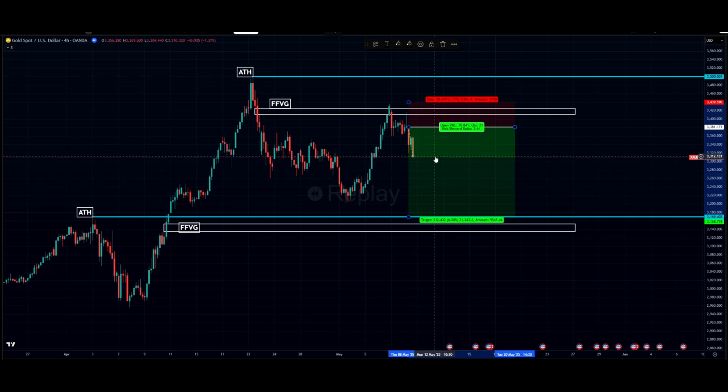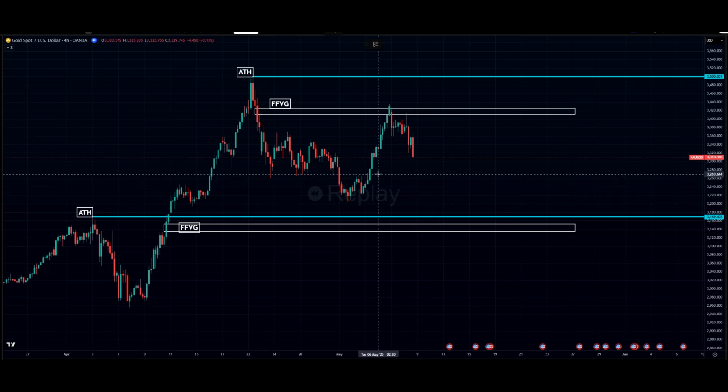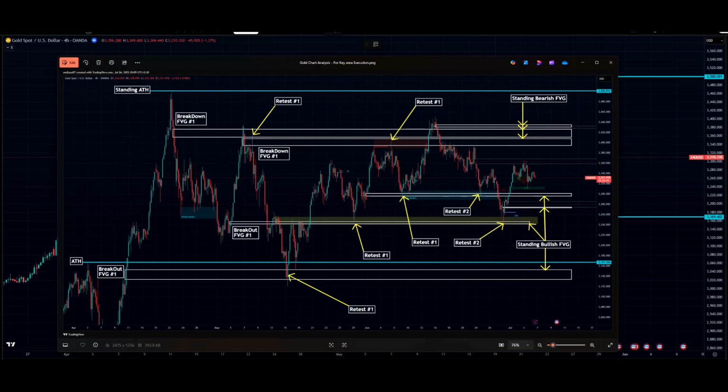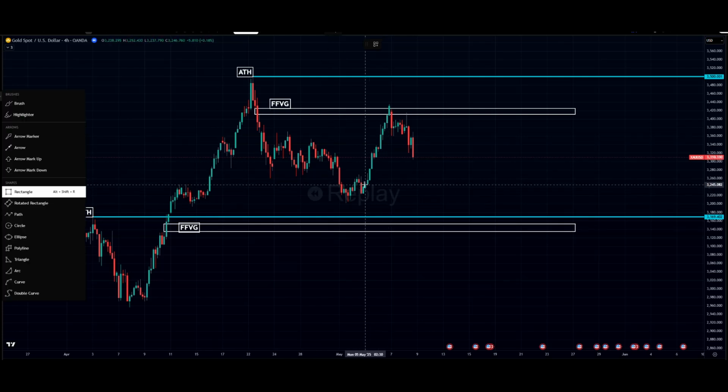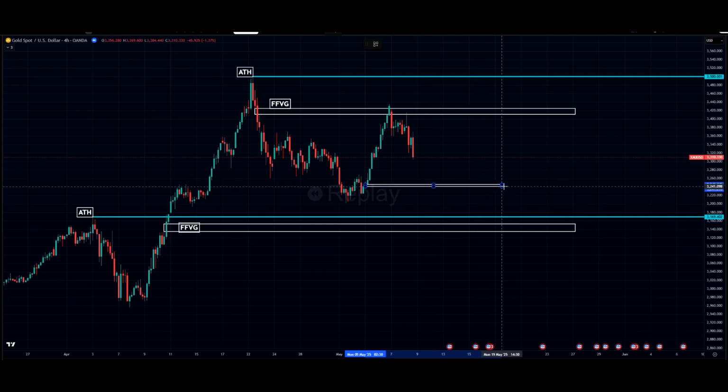Also, in this process, what we have is a major level being created here. First FVG being created in this level. And the price actually reversed here.